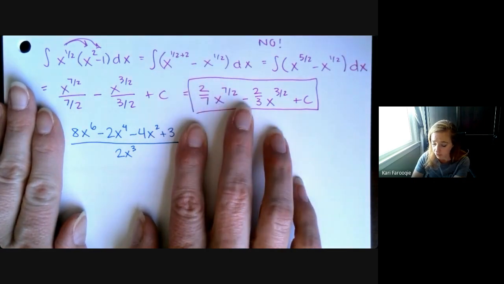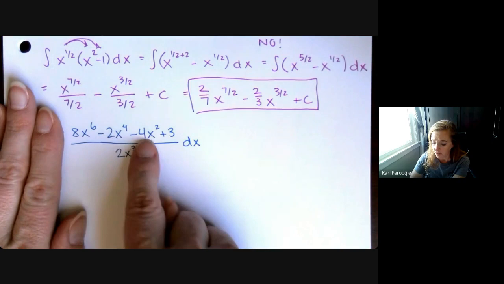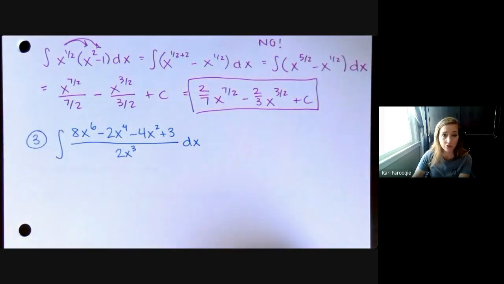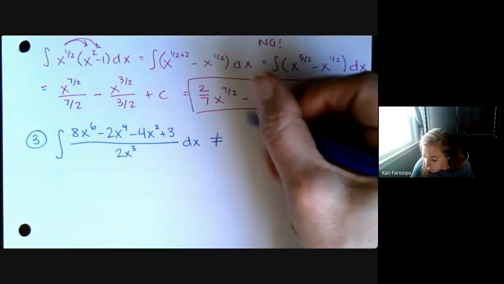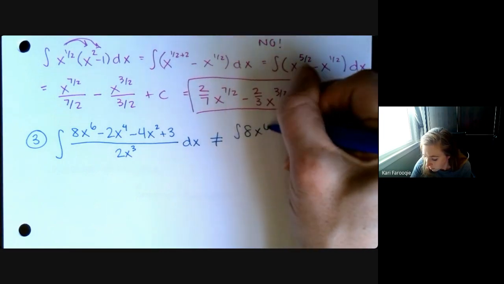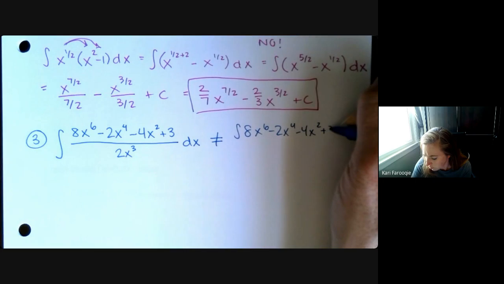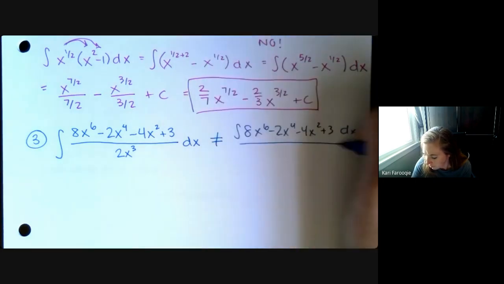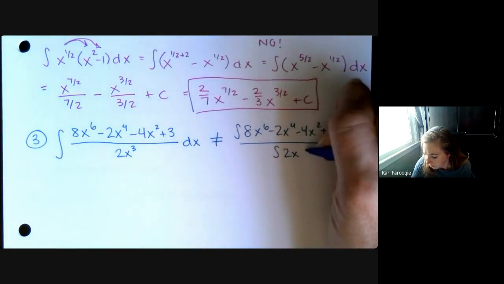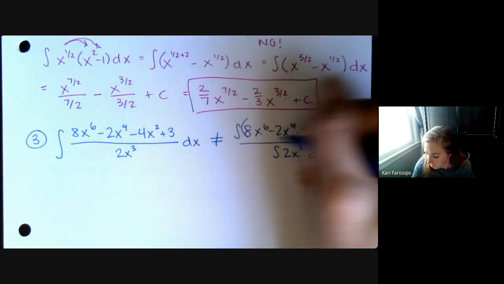But we went through this whole process of dividing by the monomial. We're going to do the same thing here so that we can simplify this to give us something that we can actually integrate. Remember, this does not equal the integral of 8x to the 6th minus 2x to the 4th minus 4x squared plus 3 dx divided by the integral of 2x cubed dx.